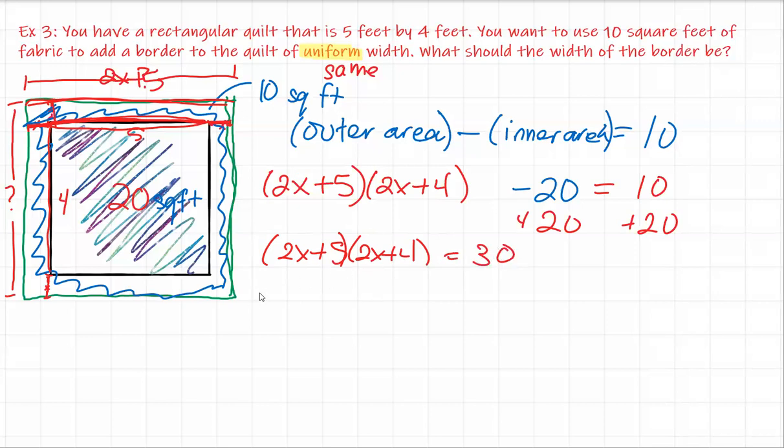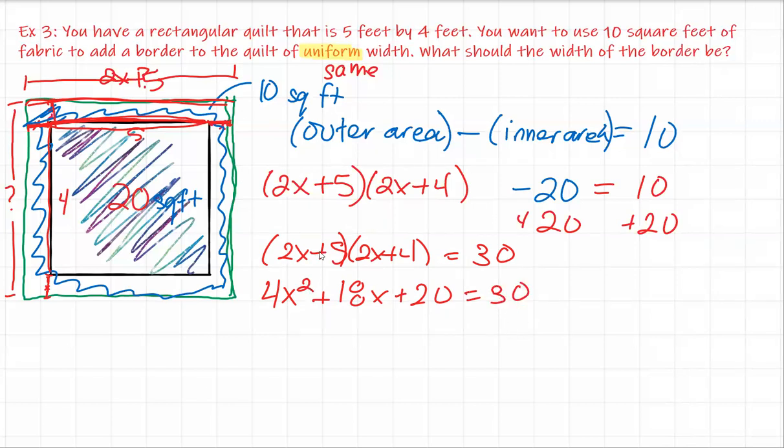Let's multiply this out. Go ahead and do that for yourself, but for the sake of time, this is going to multiply out to 4x squared plus 18x plus 20 equals 30.